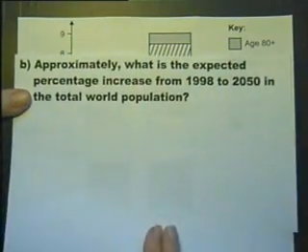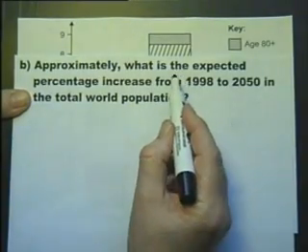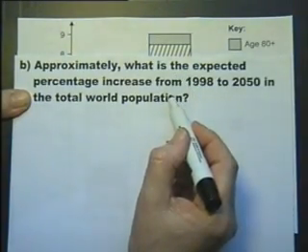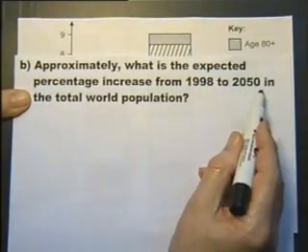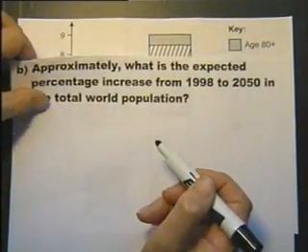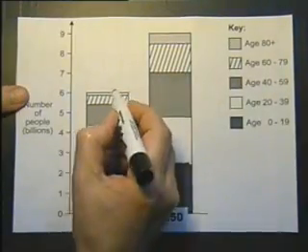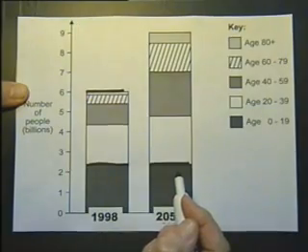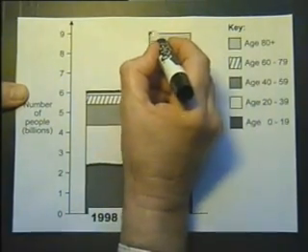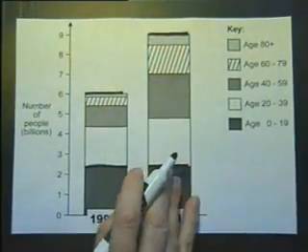Part B, approximately, what is the expected percentage increase from 1998 to 2050 in the total world population? So we're looking at 6 billion changing to 9 billion.